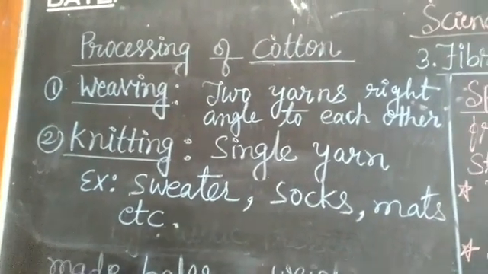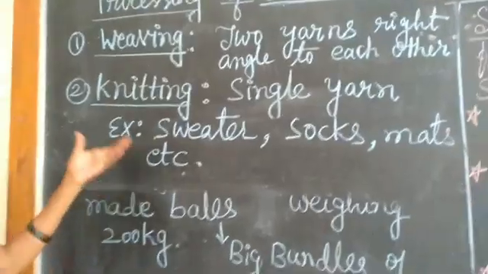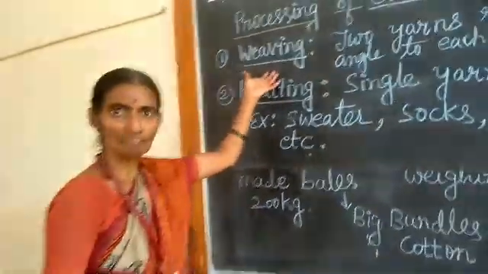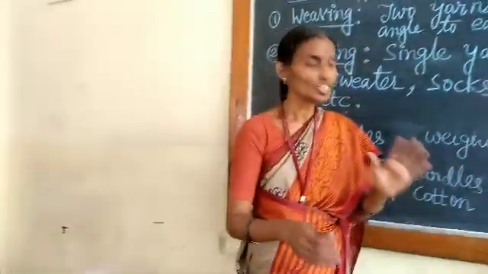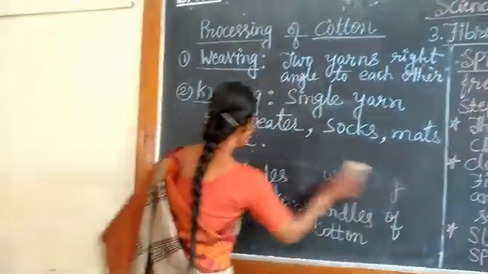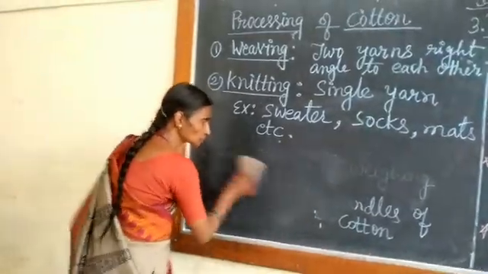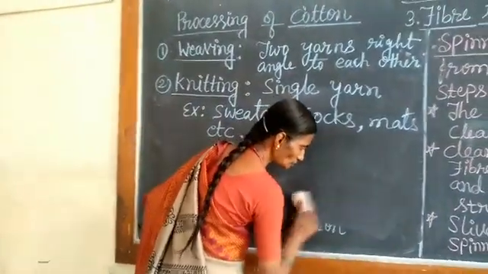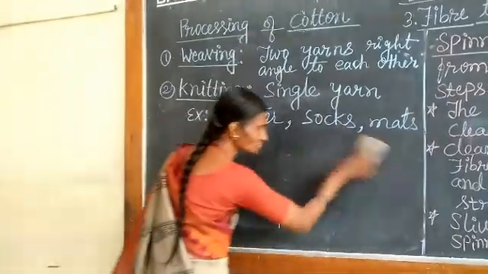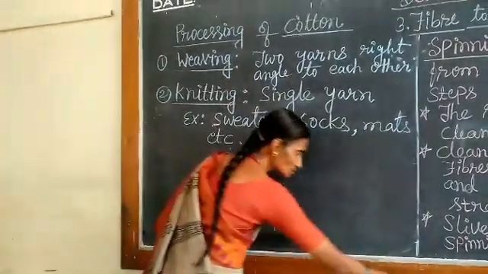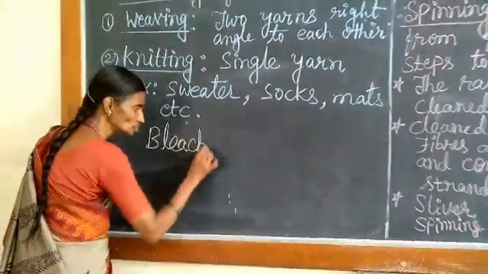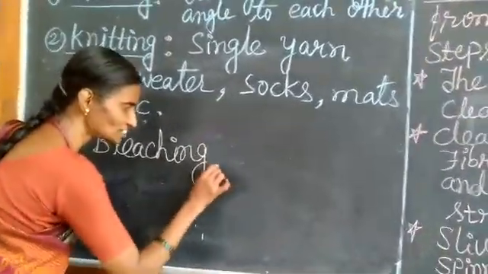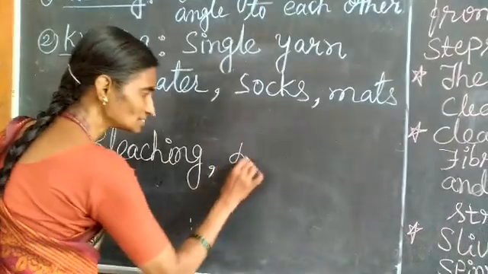Once the weaving is done, a fabric is obtained, but it is not used directly, it should be bleached. The last step, the finishing touch, is bleaching. The fabric is bleached and then dyed.